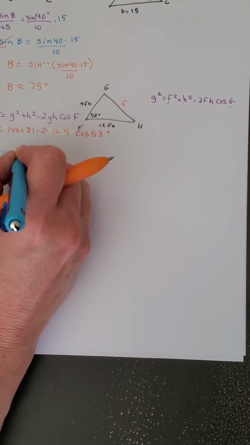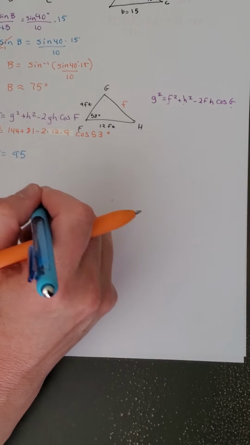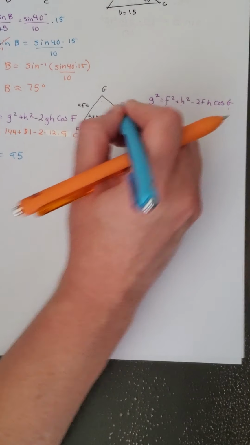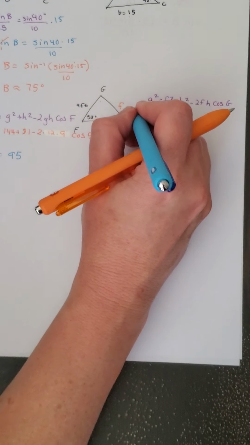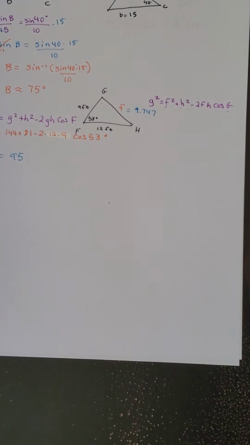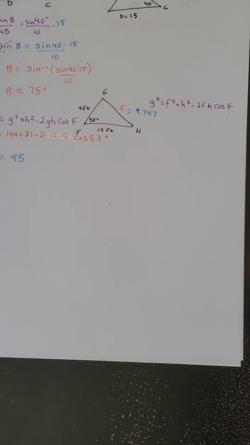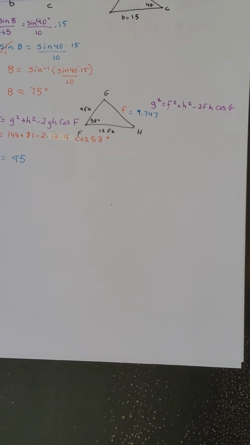That gives me that F squared equals 95, which means that f is the square root of that, which is about 9.747. Now that I know that, I can choose to do either law of sines or law of cosines.